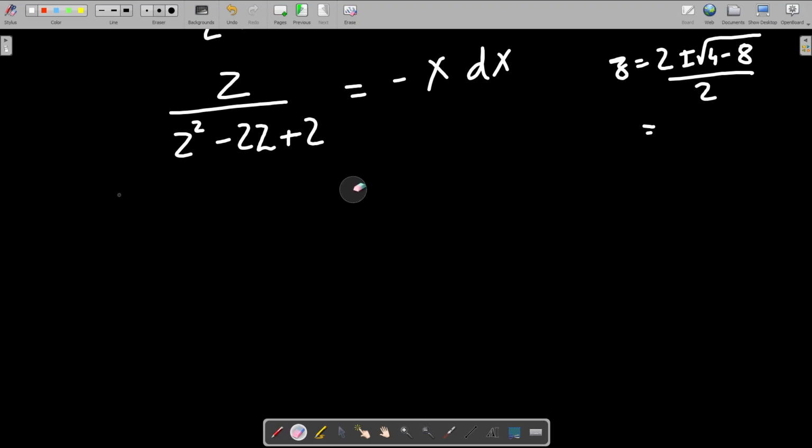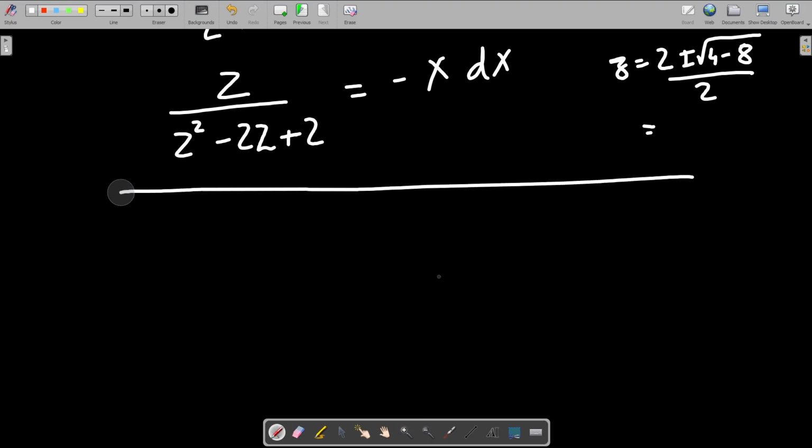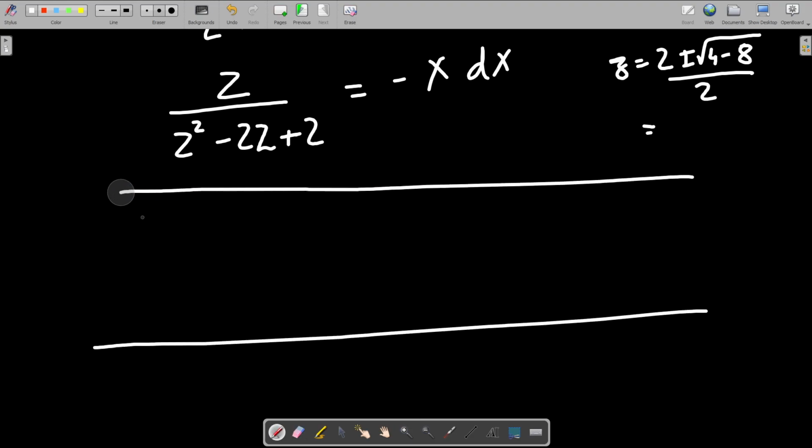Okay, so now let us do this in rough and then we'll go back. What is the denominator? Z square minus 2z plus 2. Derivative should be 2z minus 2. But what do we have in the numerator there? We have only z. We require 2z minus 2. So how can I write z is equal to this?